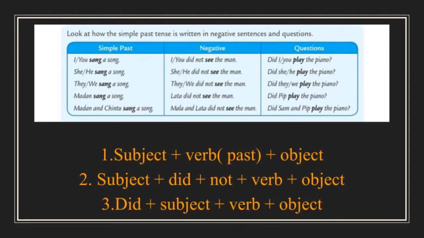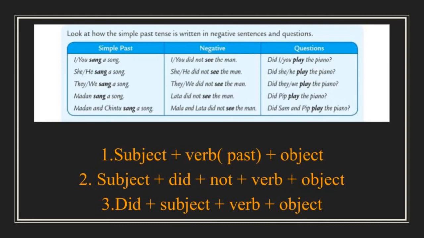For all the first person, second person and third person, we should use the same verb, that is the past tense verb. Okay, I sang a song, you sang a song, they sang a song, he sang a song, she sang a song, Madan sang a song, Madan and Chintu sang a song. The same verb is used for all the subjects.